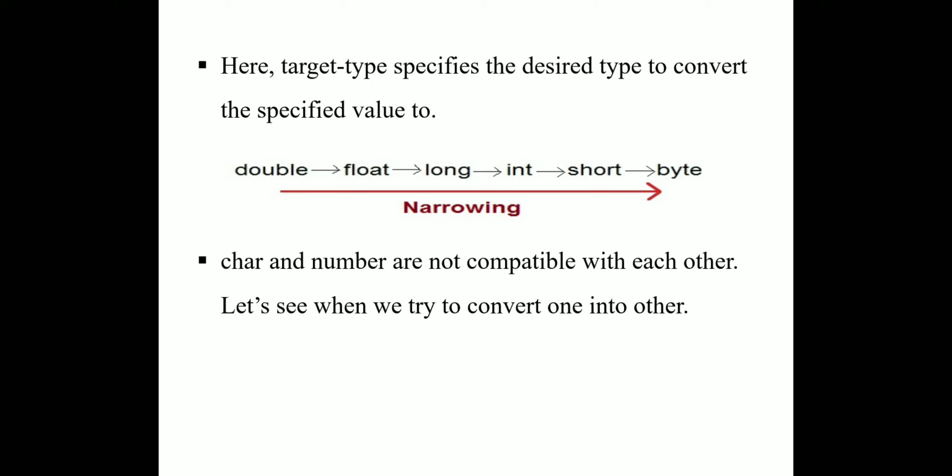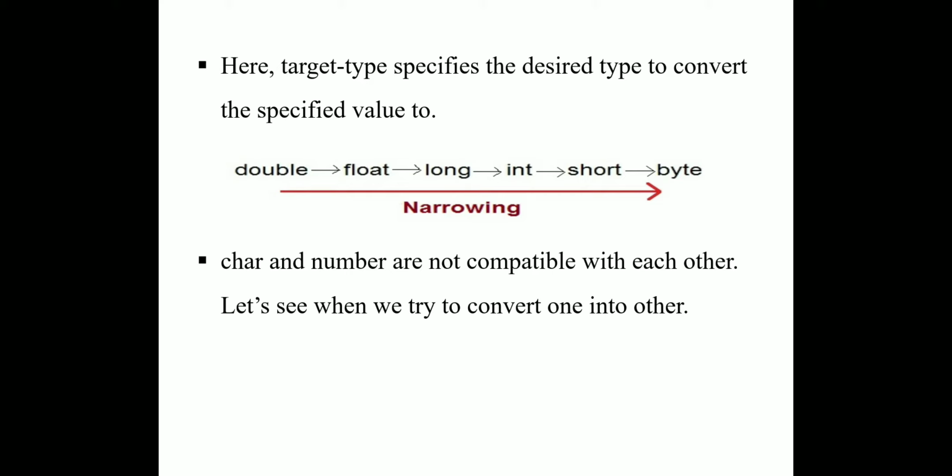Here in the example, we can assign a double character to the byte, but we won't assign a byte data type to the double data type. Char and number are not compatible with each other. Let's see what happens when we try to convert one into the other.